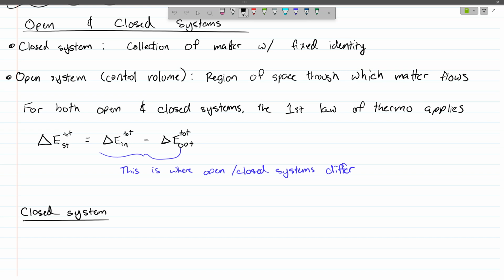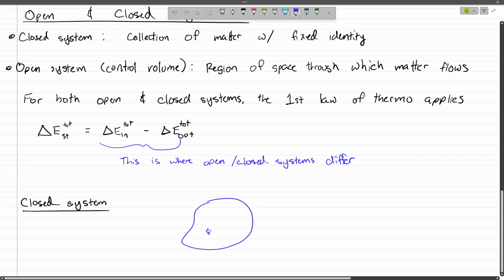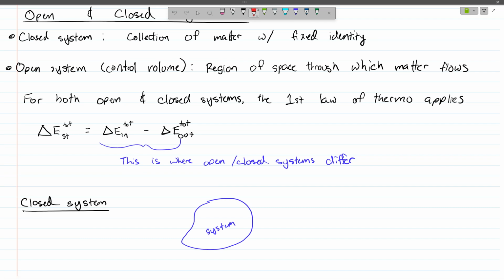So for a closed system, we really only have the mechanisms that are heat transfer in and out, and mechanical work in and out.